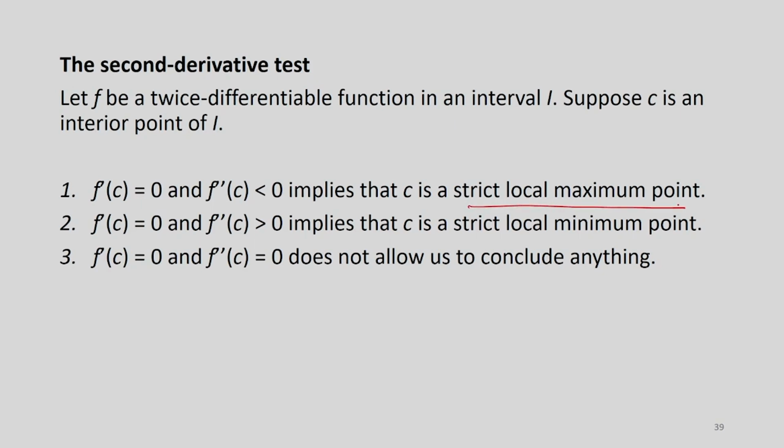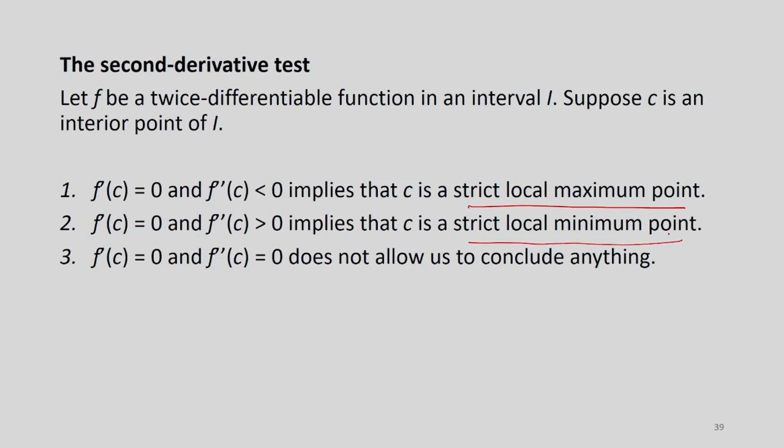Strict local maximum point, which means if you take the value of f of c, it is strictly greater than any other value f x in the neighborhood of c. And secondly, f dash of c is equal to 0 and f double dash of c is greater than 0 implies c is a strict local minimum point.